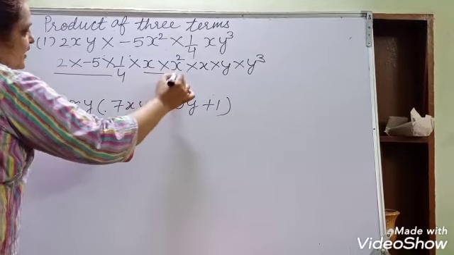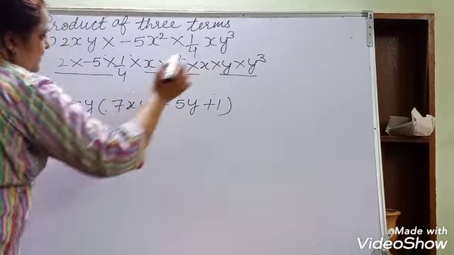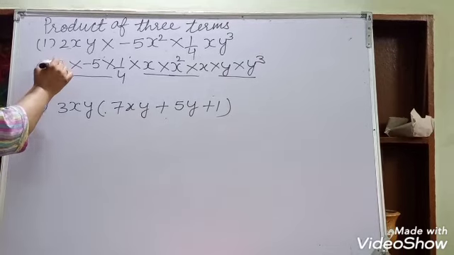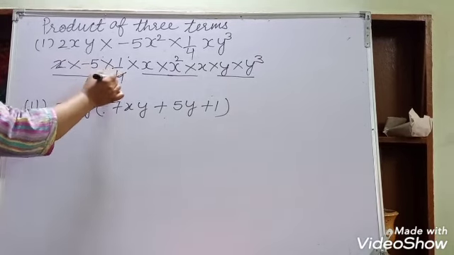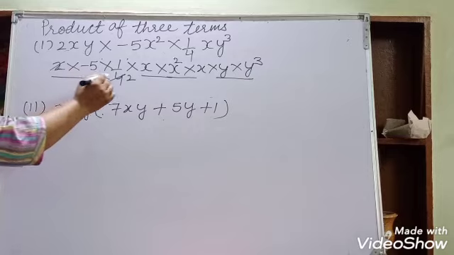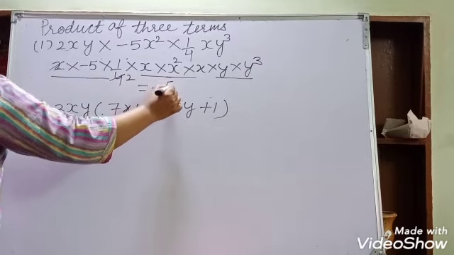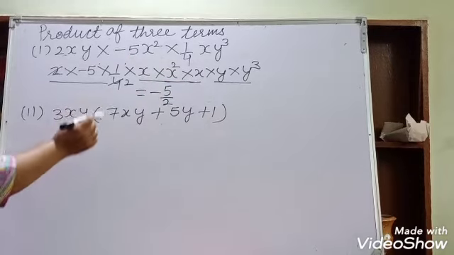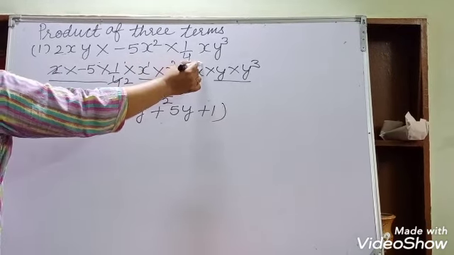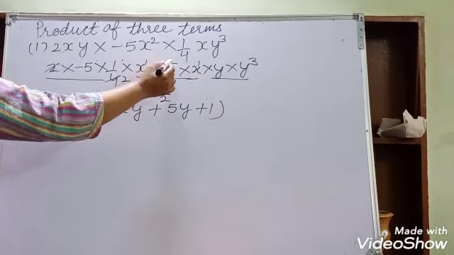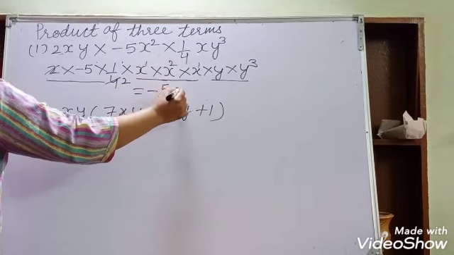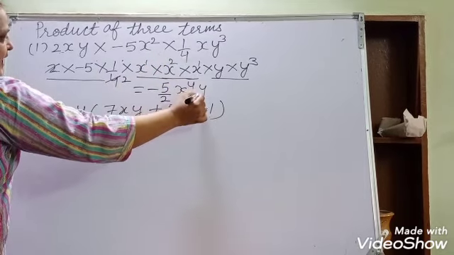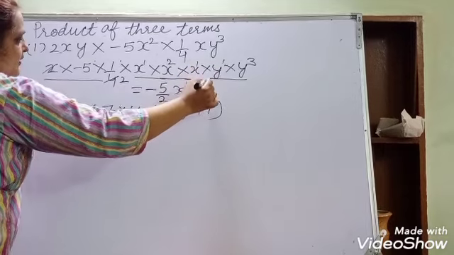Now we have got three pairs of like terms. Now what we have got as an answer, cut down 2 by 4, minus 5 over 2. Since we are using here laws of exponent, x will become x raised to power 1 plus 2, 3 plus 1, 4. x raised to power 4 and y also raised to power 4.